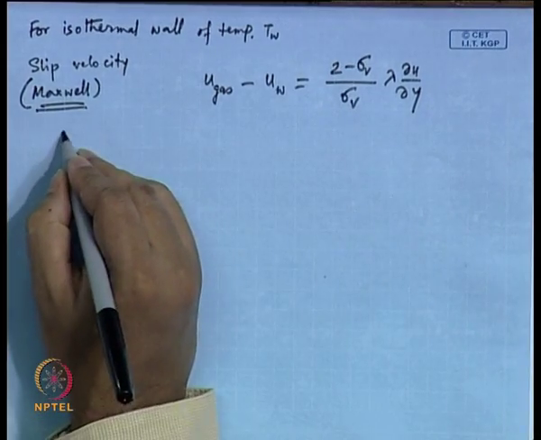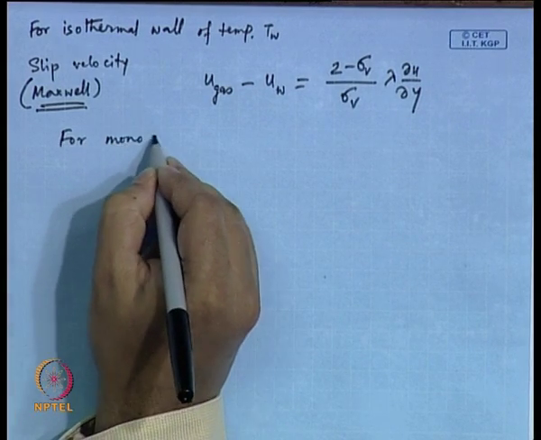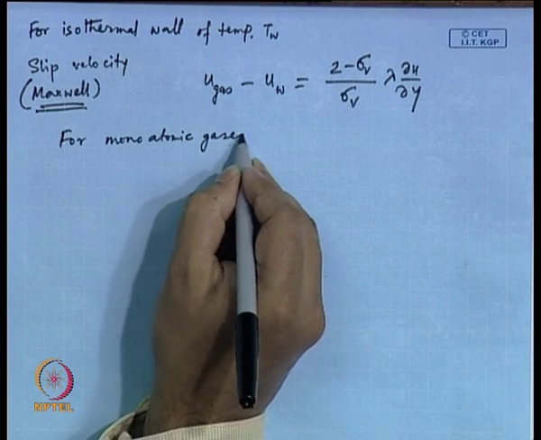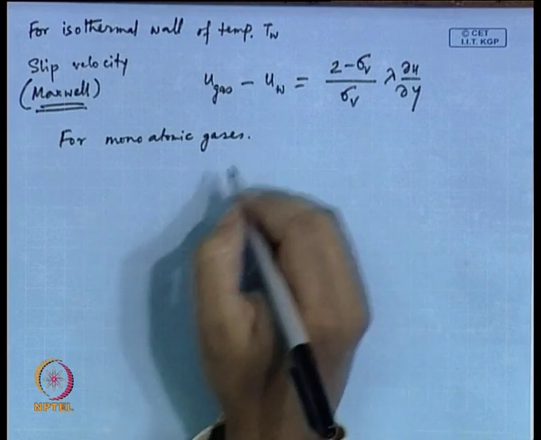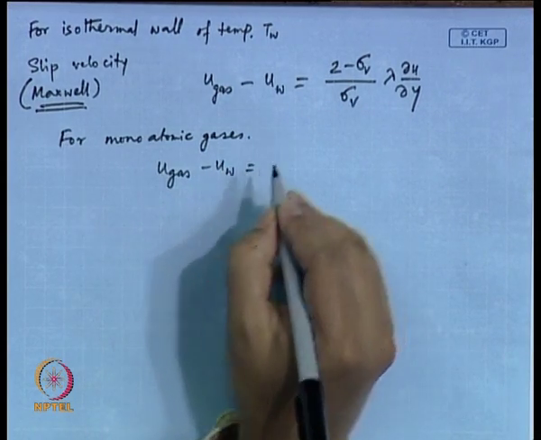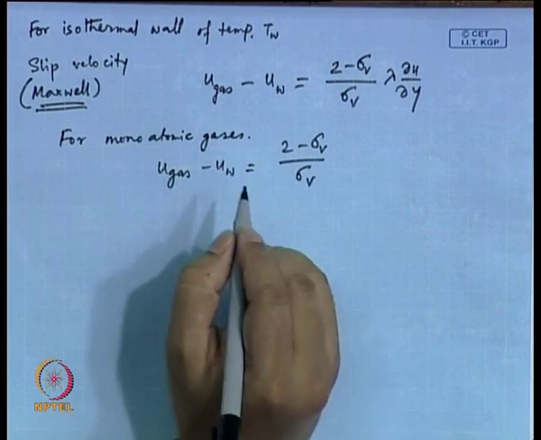Now, more importantly, for monoatomic gases, u gas minus u w is equal to that same factor, (2 minus sigma v) by sigma v, which remains the same.